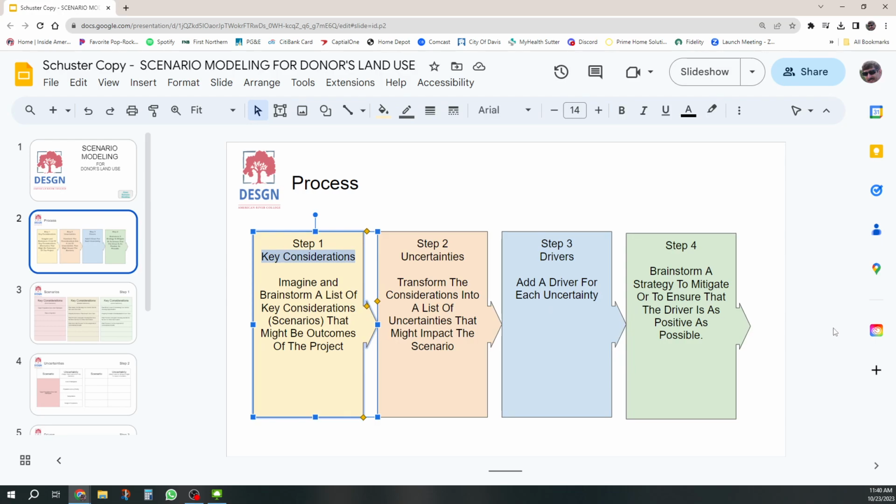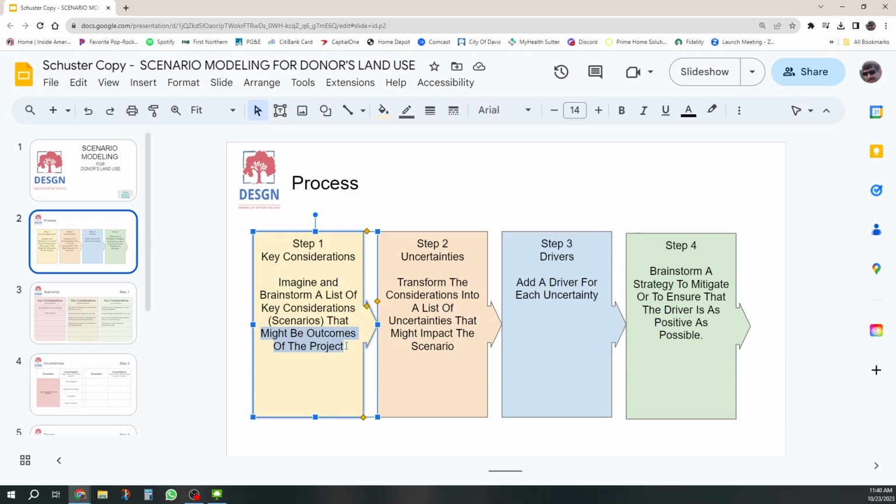Part of it comes from the things that you've generated and looked at and seen over the last week, becoming somewhat familiar with it. Obviously, if this was the main focus of your life's work, you would have more things that you can bring to bear. But it's imagine and brainstorm some scenarios that might be the outcomes.